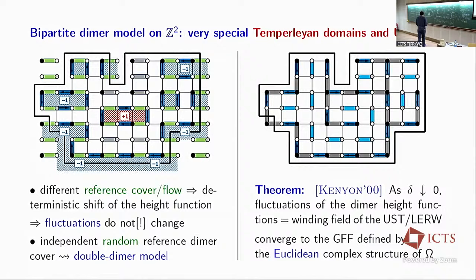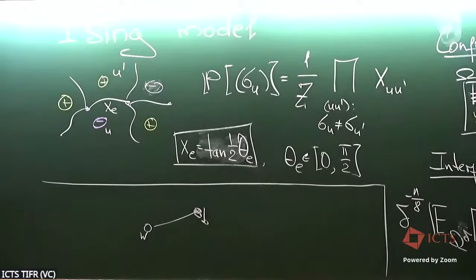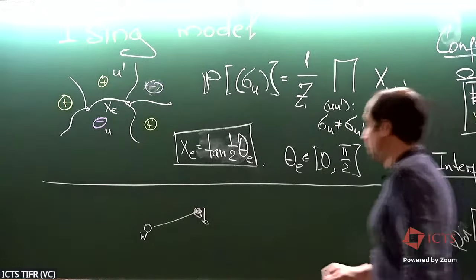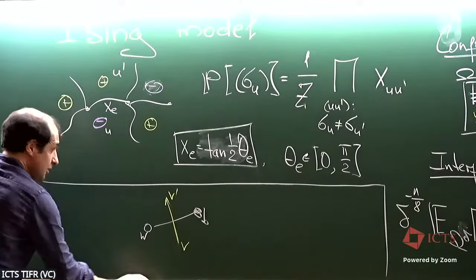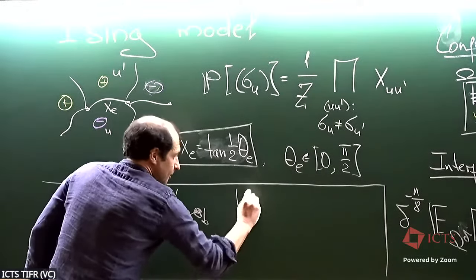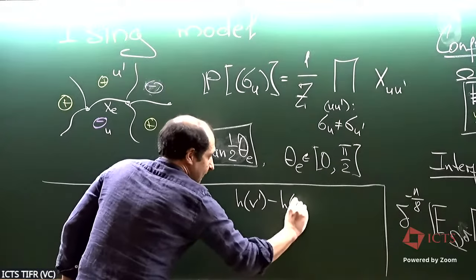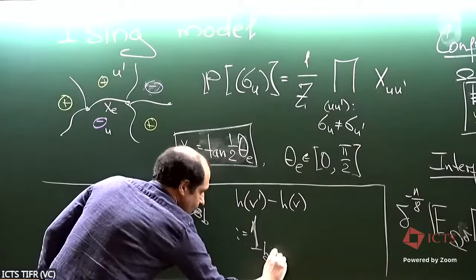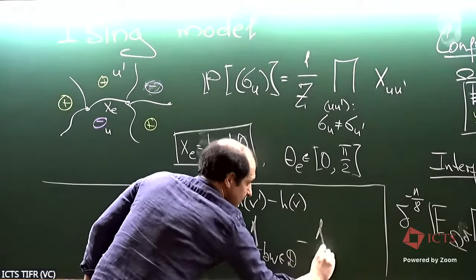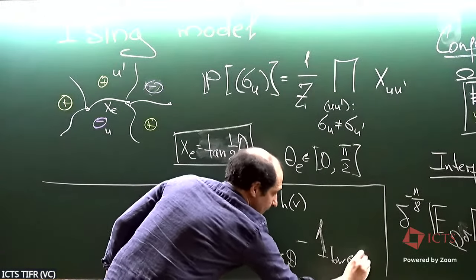Okay, so the algorithm is that if I have a dimer and I want to define the increment of my function from, say, this vertex to that vertex, then H(V') minus H(V) is just the indicator that my dimer is in D minus the indicator that my dimer is in D dot.